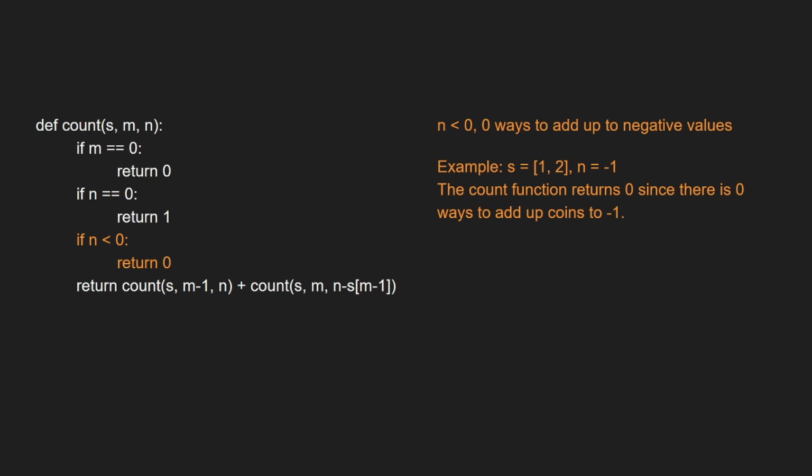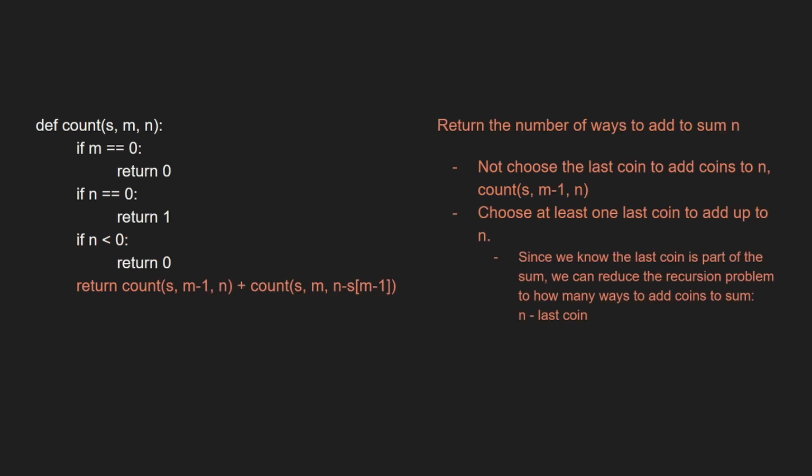If N is smaller than 0, there's 0 ways to add up to negative numbers. So the count function returns 0 since there are 0 ways to add up the coins to a negative number.